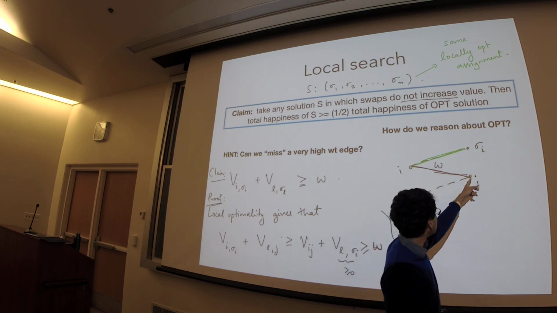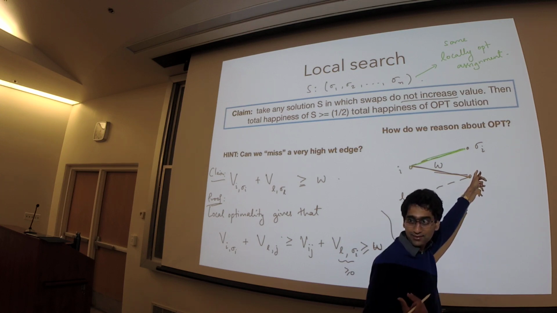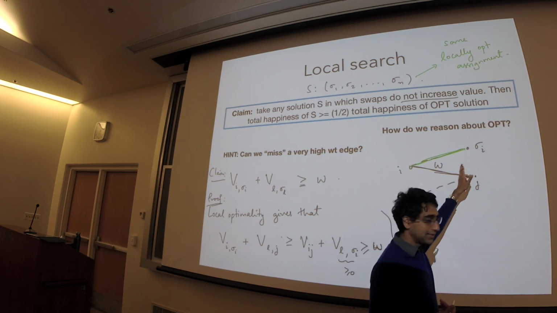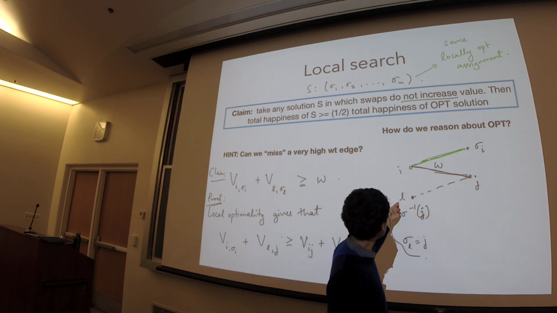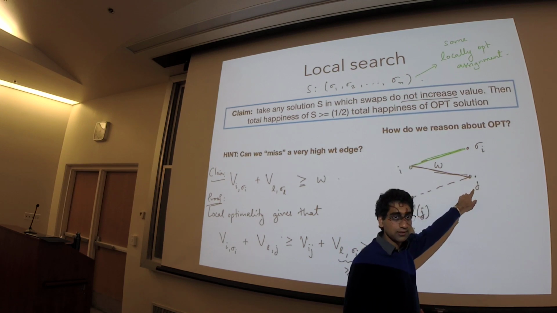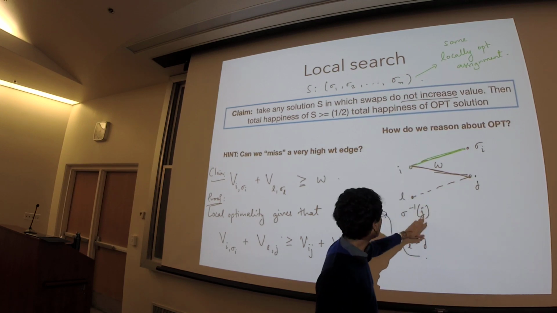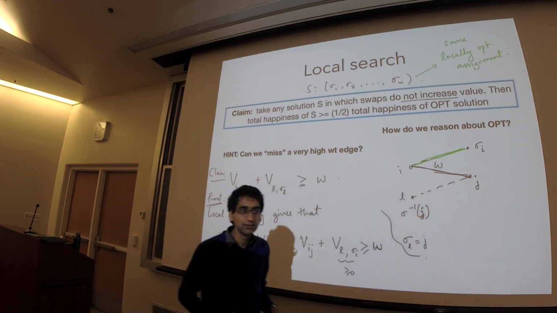But you also know that J was given to someone, right? Because every gift is given to some child. And let L be that person. So by definition, sigma L is equal to J. That's why I'm also denoting L as sigma inverse of J, because it's like the inverse map.